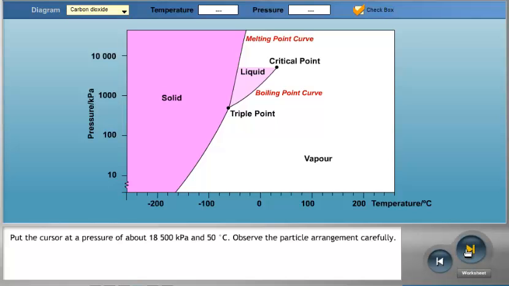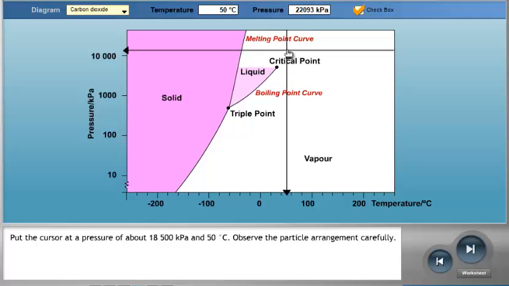Put the cursor at a pressure of about 18,500 kilopascals and 50 degrees Celsius. Observe the particle arrangement carefully.